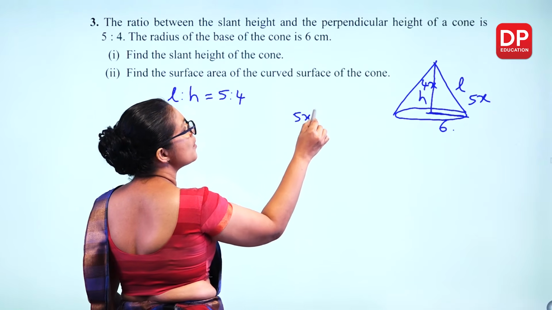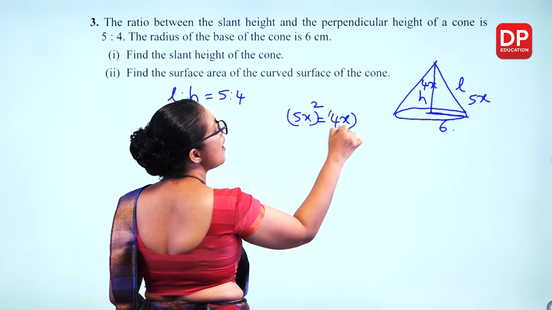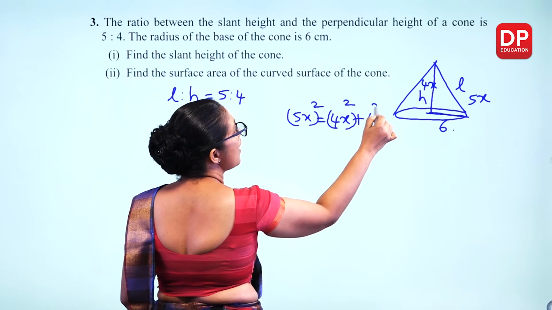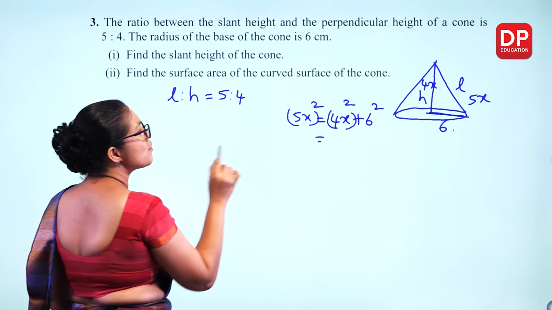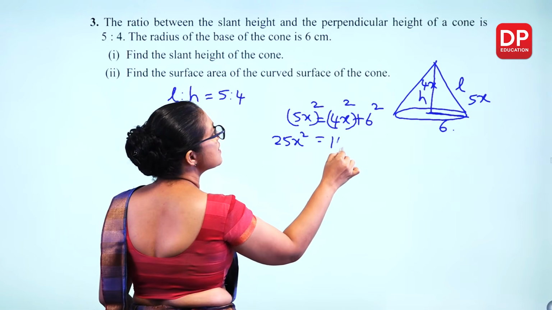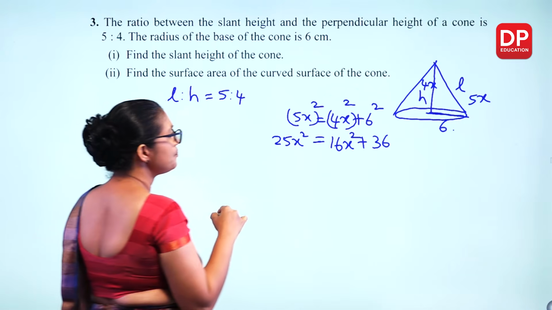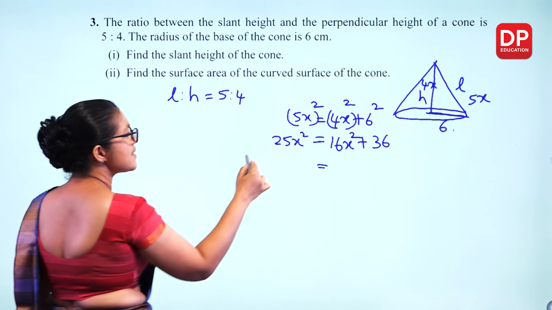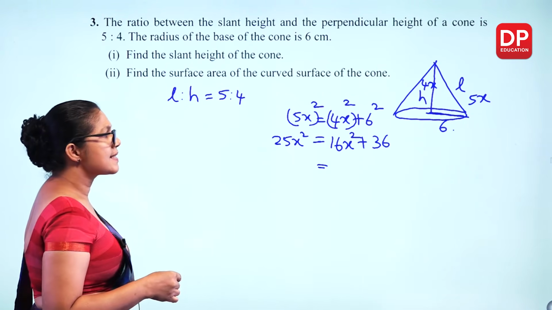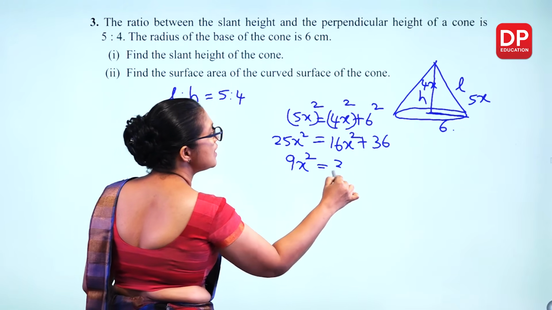So 5x whole squared is equal to 4x whole squared plus 6 squared. So 25x squared is equal to 16x squared plus 36. When you take it to the other side, 25 minus 16, you get 9x squared is equal to 36.